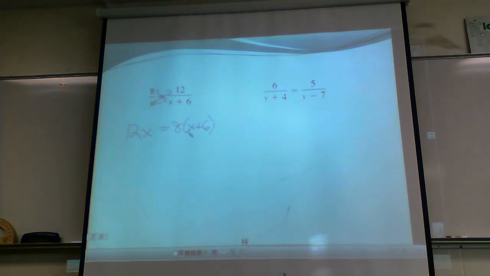Now I'm writing it that way. I understand you don't necessarily have to show that step. I'm doing that just to remind you that 8 multiplies everything there on the bottom, or everything on the bottom multiplied by 8. However you want to think about it. So when you start this off, you've got to make sure that's fully distributed there.